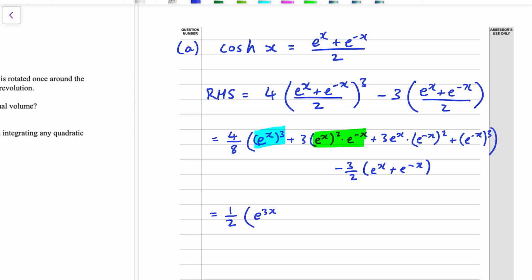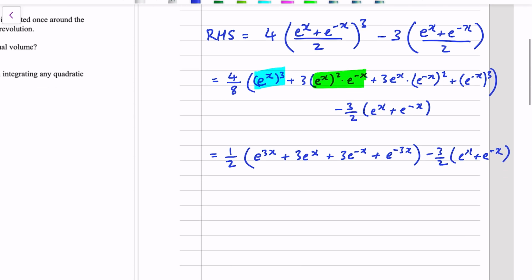So I've got 3e to the x there. The next one I've got 3e to the minus x. And then the last one, e to the minus 3x. Minus 3 over 2 times e to the x plus e to the minus x.